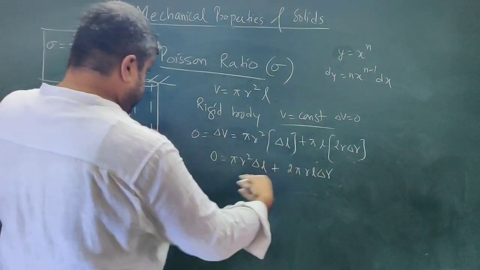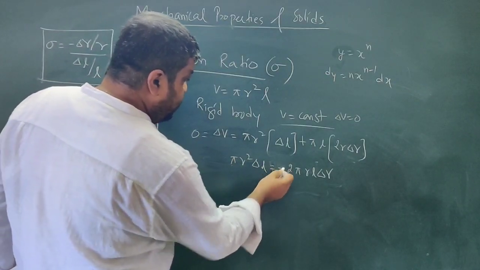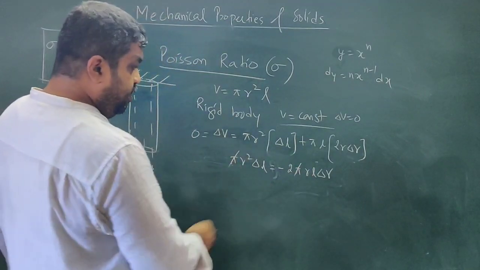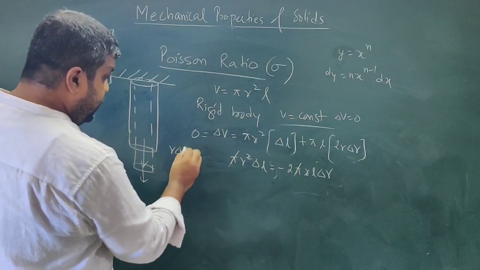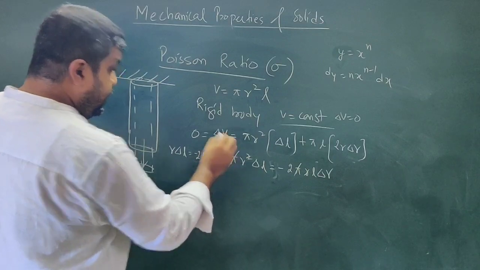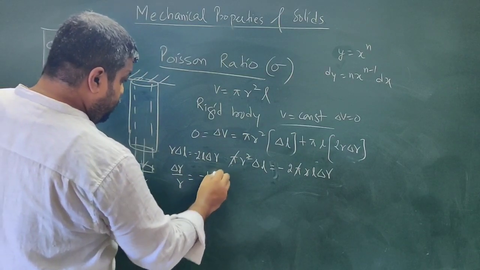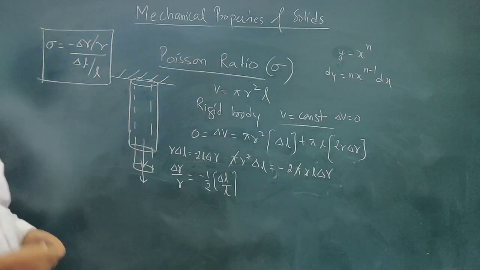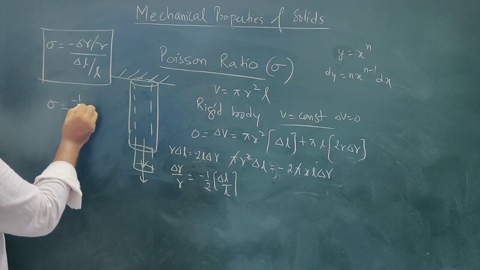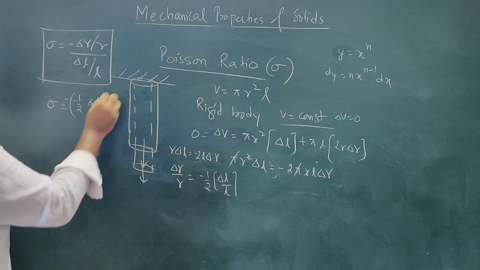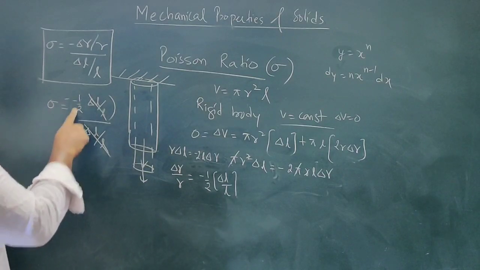If you rearrange this, taking the term over to the other side, it becomes minus. The pi cancels out, and one R also goes, so R delta L is equal to minus 2L delta R. That means delta R by R is equal to minus 1 by 2 delta L by L. If I substitute over here, sigma is equal to minus, minus 1 by 2 delta L by L, divided by delta L by L. So delta L by L cancels, and the minus becomes plus.